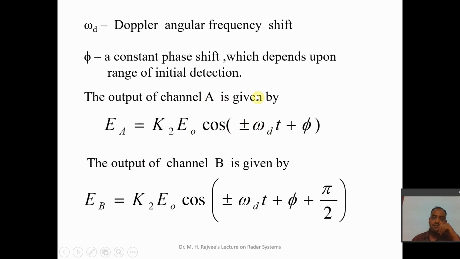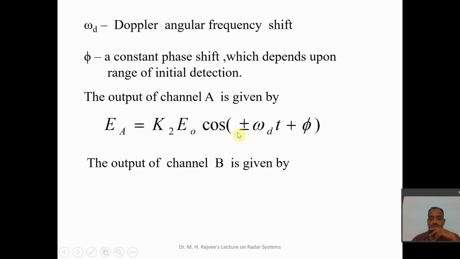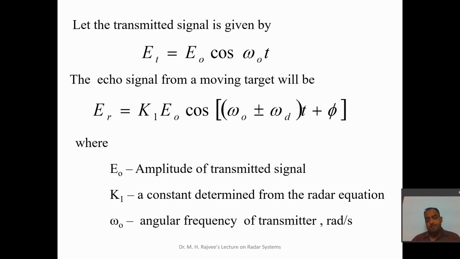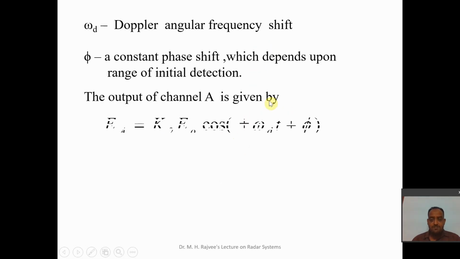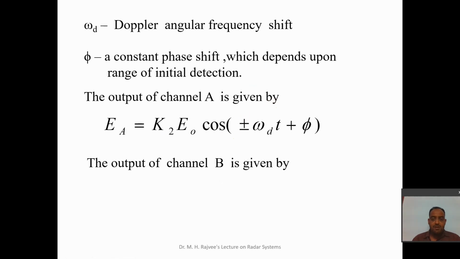The omega naught of one input and the other input gets cancelled. It is left with K2 E naught plus or minus. See here, these are the two signals that are given to the mixer. So this omega naught gets cancelled, only this will be left, that is shown here, omega d plus phi.